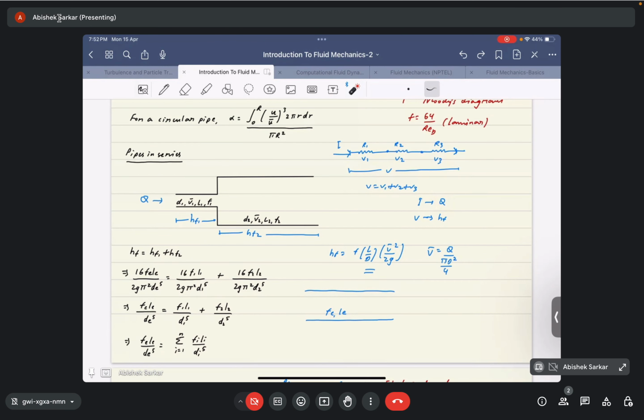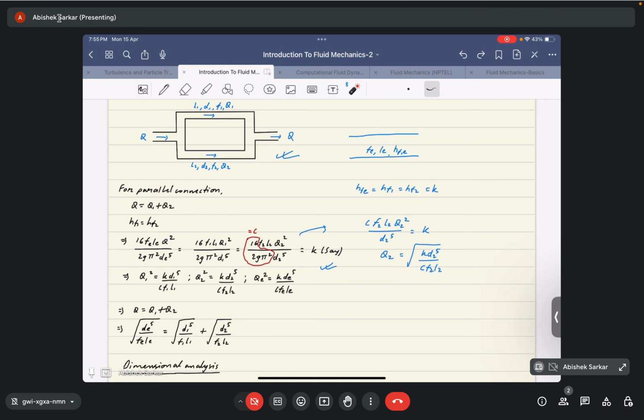16 Fe Le Q square divided by 2g pi square De to the power 5 would be equal to 16 F1 L1 Q1 square divided by 2g pi square d1 to the power 5, which would be equal to 16 F2 L2 Q2 square divided by 2g pi square d2 to the power 5, which will be equal to some constant k.